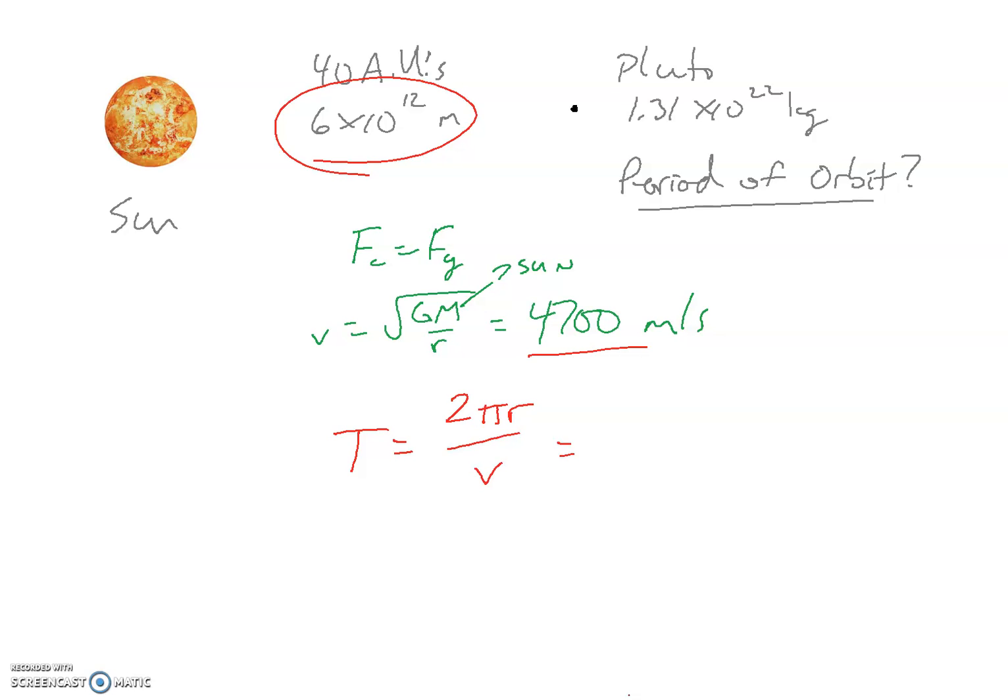All right, so putting those values in, we've got about 8.0 times 10 to the 9 seconds, which of course is a really, really long time. And you notice the basic time conversion, that's still going to be just over 2 million hours. So it's a really, really long time. It takes a really long time for Pluto to obviously go around the sun being so far away.